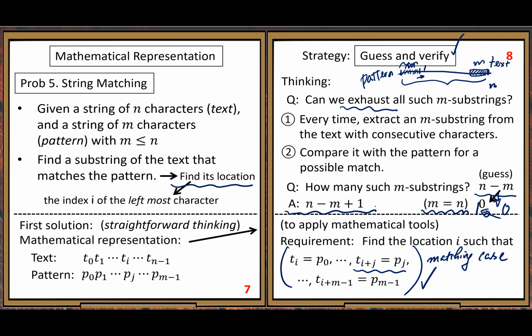So this is a simple method, the guess and verify strategy: you try it on a simple example, and you can handle that simple case easily. So here you get the idea.